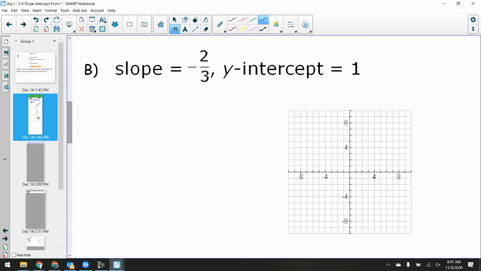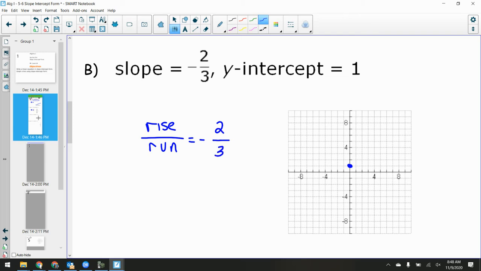Y-intercept is 1, slope is -2/3. So my y-intercept of 1 is my point right here. Again, do not put it on the x-axis, put it on the y-axis. My slope is -2/3. The rise over the run, I still rise 2, run 3, but in this case it's a negative sloping line.